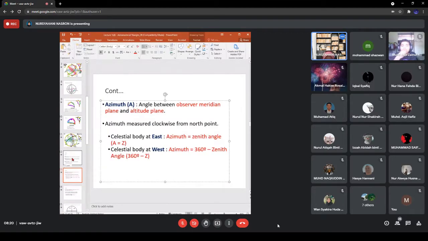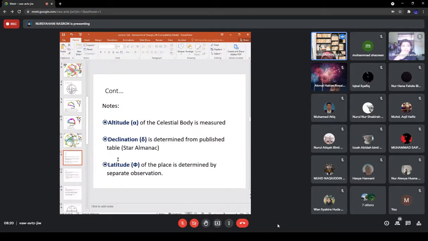We already have these four parameters. Altitude we get from the vertical circle. Declination is determined from published tables, that is the almanac. We calculated this last two weeks to get the polar distance.